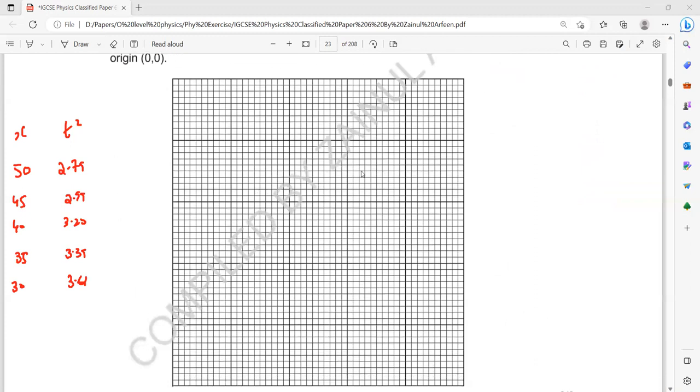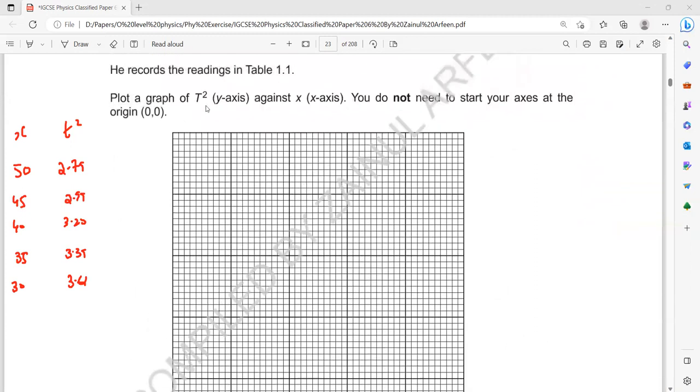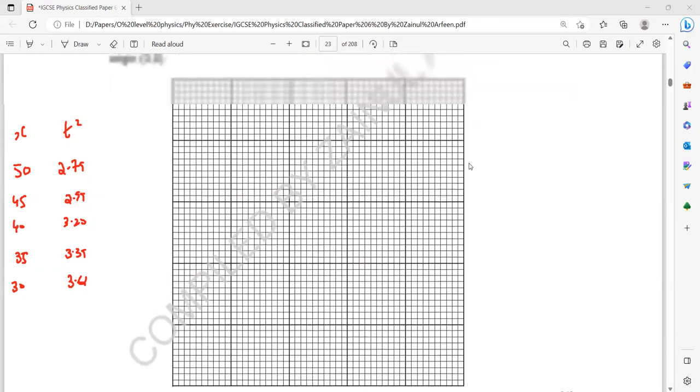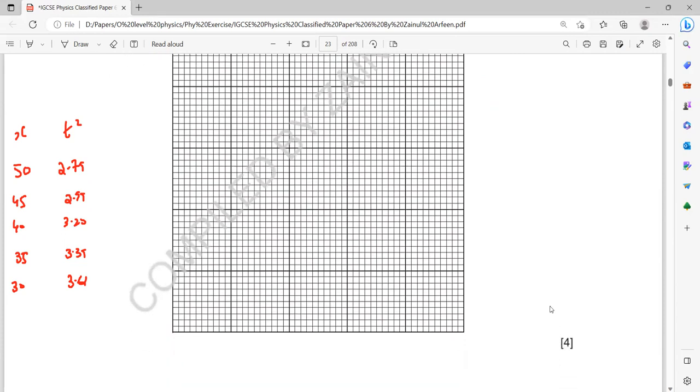So first thing, you should always label the axis. The y-axis is t square, and the x-axis is x. And they mentioned you do not need to start your axes from the origin. So we don't have to start with 0, 0. We don't need 0 on the x-axis or on the y-axis.